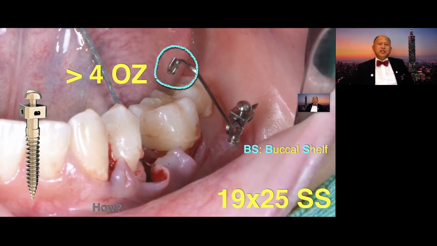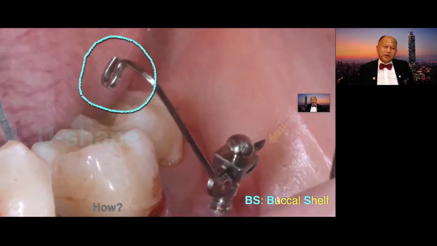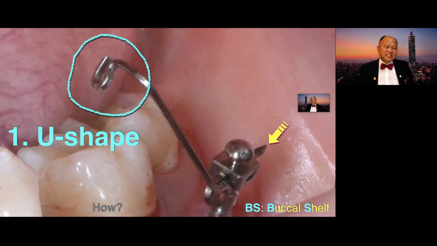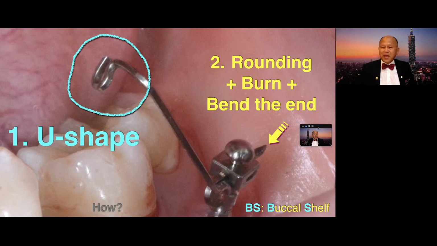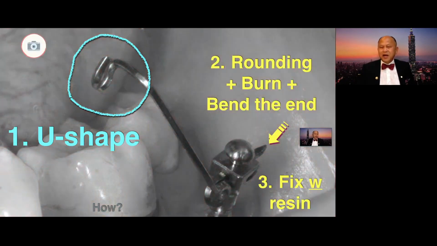How do you do this 3D lever? I prefer to bend this U-shape. It's easier to hook up the power chain. And I prefer to round the end. It's easier to get into the square hole. And I also like to bend the end, burn and bend the end, to secure.